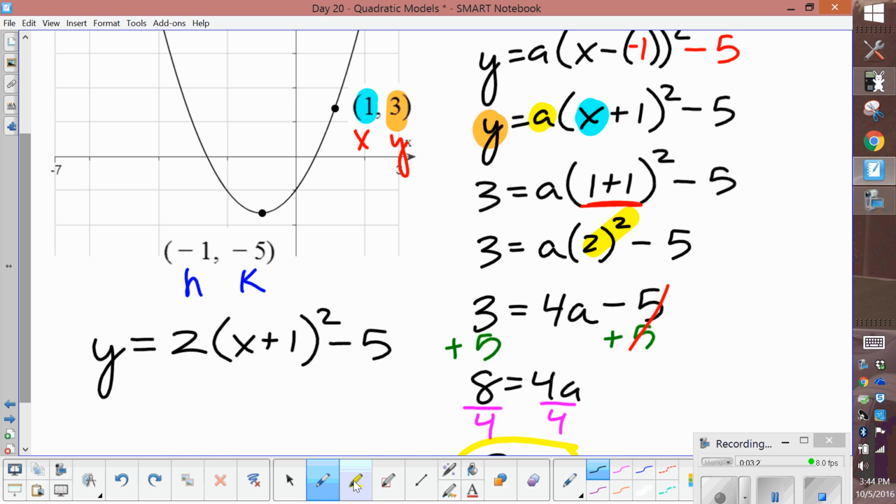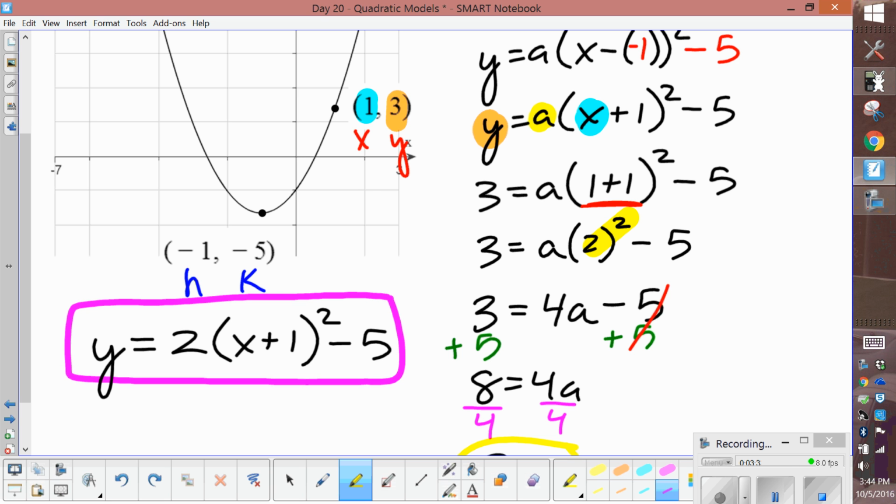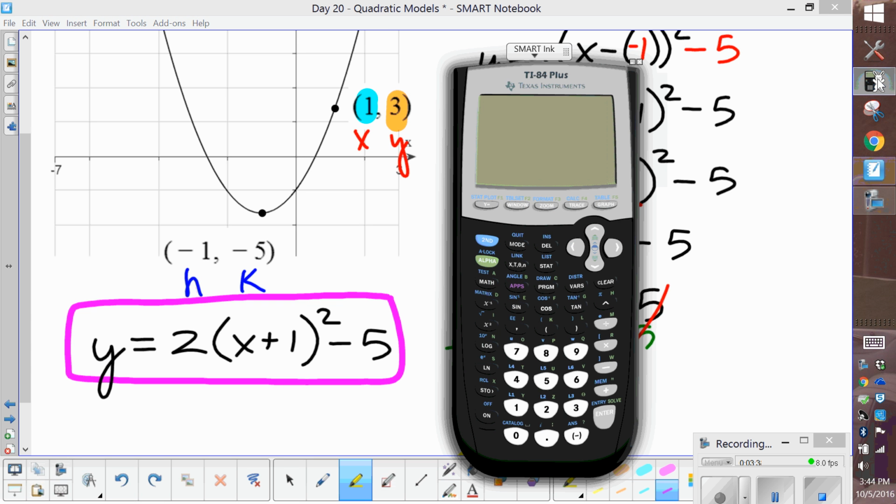Now, one nice thing about this answer is I can check with my calculator and make sure that it goes through these points. So I'm going to go ahead and get my calculator out, and I'll turn it on. And you'll notice I've already pre-programmed it in. I can look at the graph and make sure it looks like what I have here, but more importantly, the table. Okay?